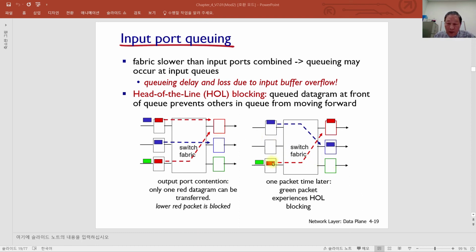This is explained a little bit more: in the next step, this one will be here, and this one should wait. One packet time later, this green packet is still waiting. That waiting is called head of the line blocking, blocked because of this.